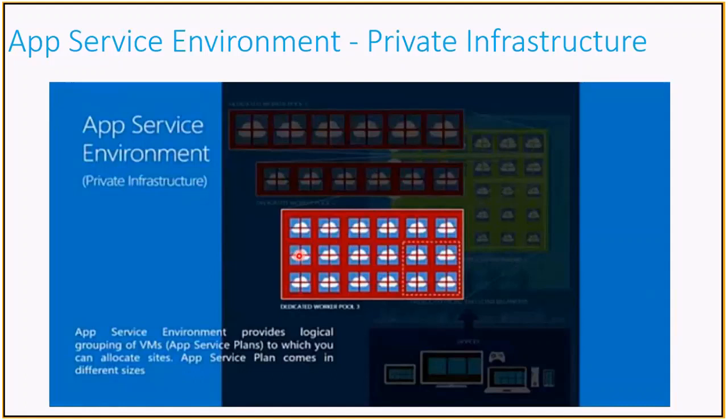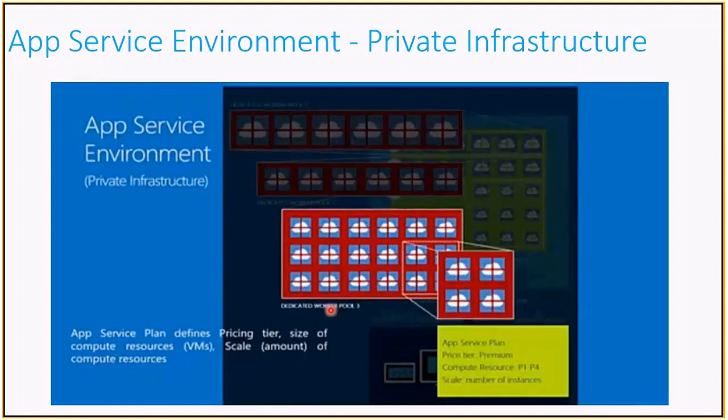And you can group your VMs according to these logical groupings. You can group into your app service plans, like you can have your G series VM or P7 series or P5 series VMs in a particular service plan, and smaller instances in another service plan. So it would be easy for grouping your instances as well.